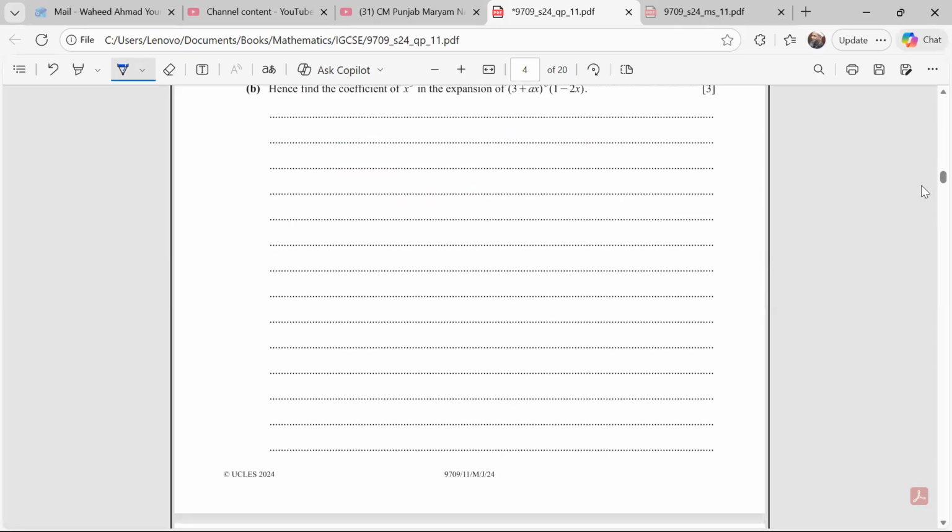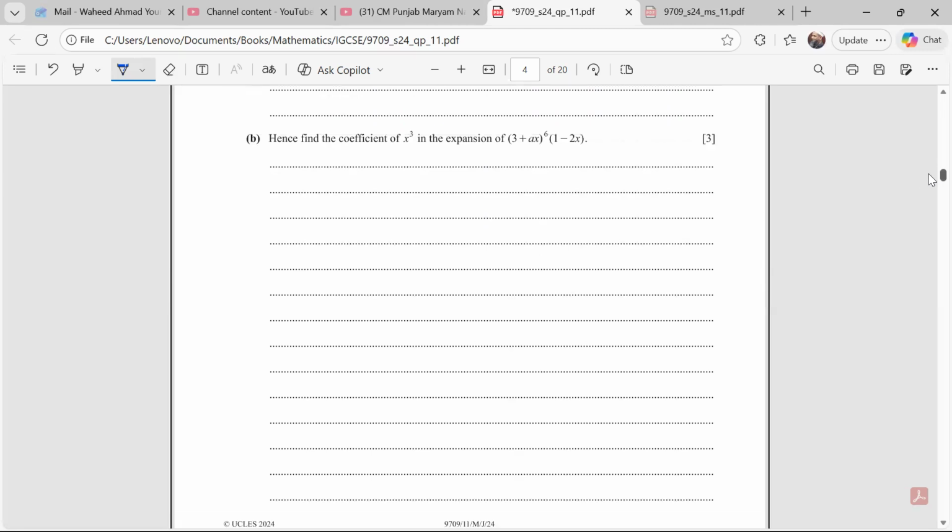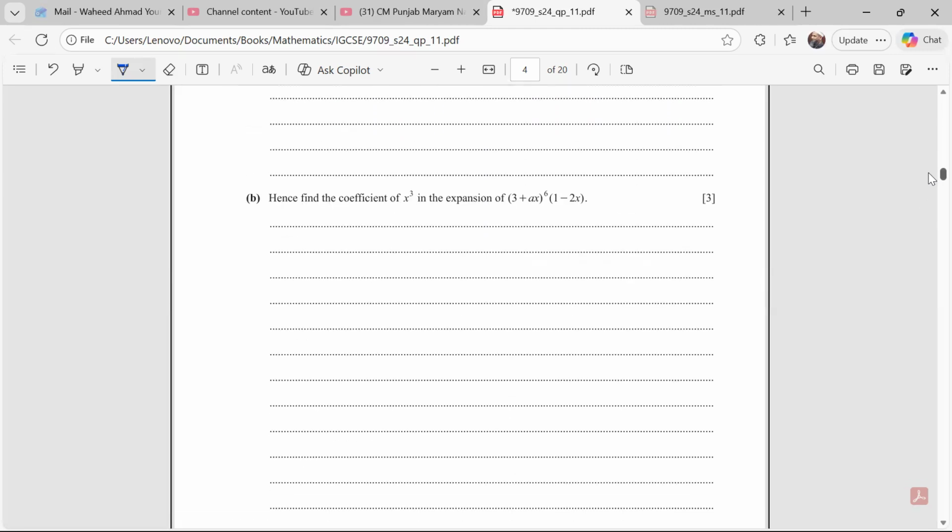Now they're asking us to use this value of a and find the coefficient of x^3 in the expansion of this expression. So now we have (3 + (2/3)x)^6 times (1 - 2x). From this expansion I have to choose the terms which have x^3 in it.